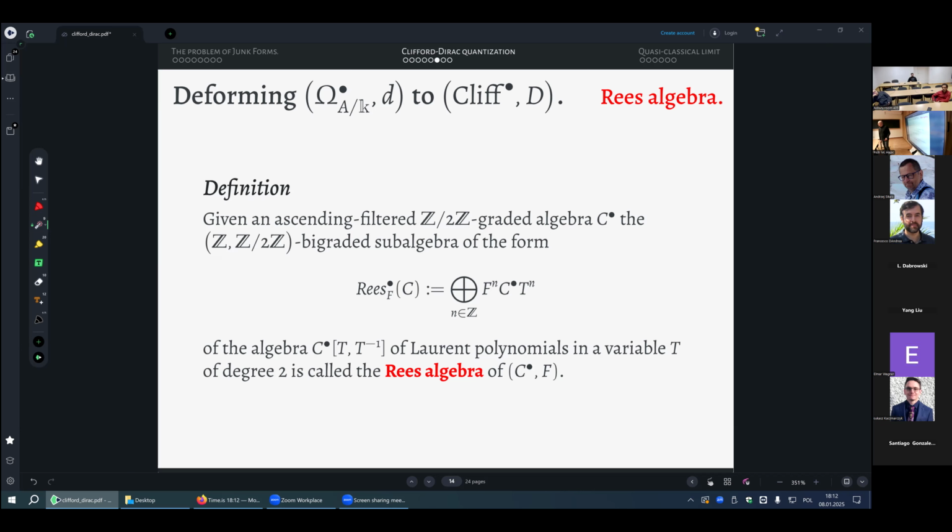Yeah. Okay. So this kind of filtration comes from representation theory. For example, the enveloping algebra of a Lie algebra is filtered by the number of elements, using monomials. In differential operators, you have a filtration by the order of a differential operator.